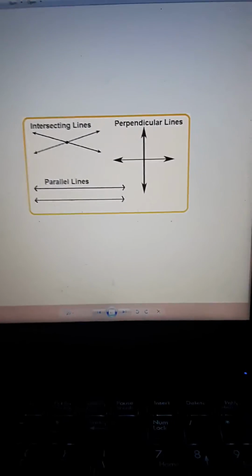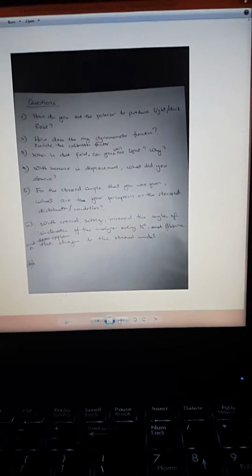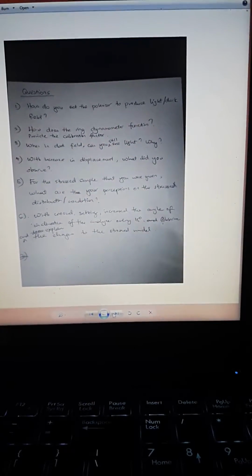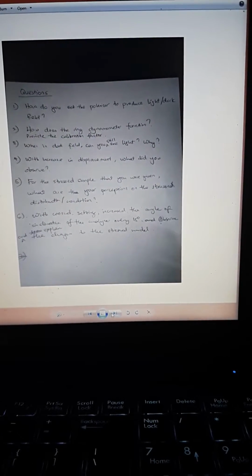And the next question is, how does the ring dynamometer function and provide the calibration factor? The ring dynamometer depends on the tension or stress acting on the specimen from the displacement, which we can see using a stress-strain relationship, because we can't measure stress, we can only measure strain.